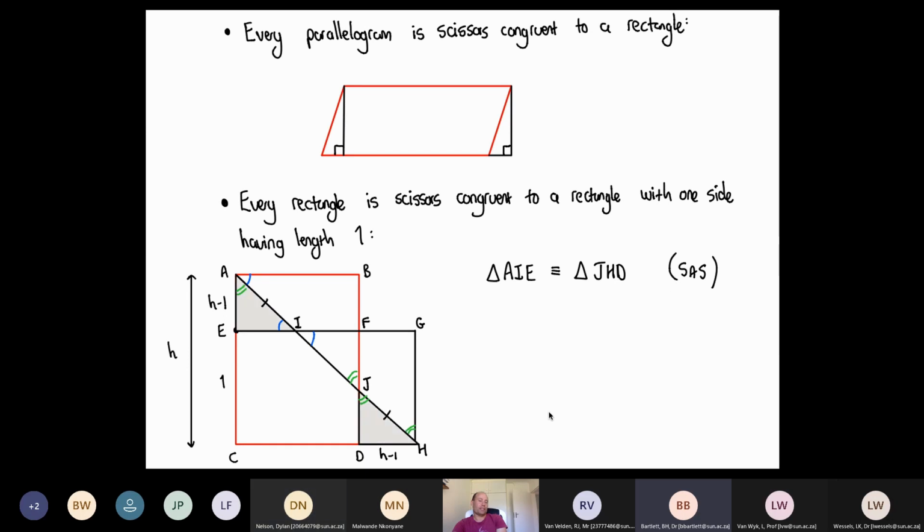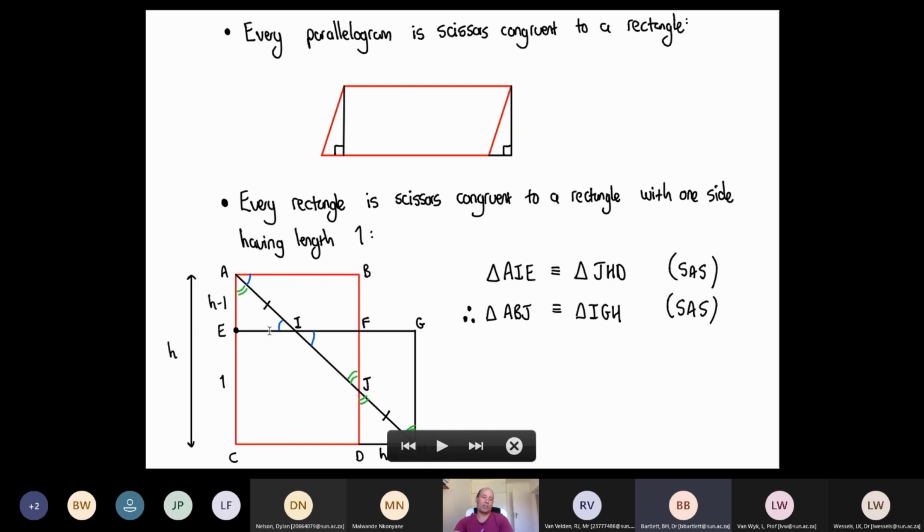So the idea was that this is going to allow us to conclude that side AI is equal to side J, this side here. I can't remember what the bottom symbol is. So we've got an equality of two lengths here, which then allows us to conclude that triangle ABJ is congruent to triangle IGH.